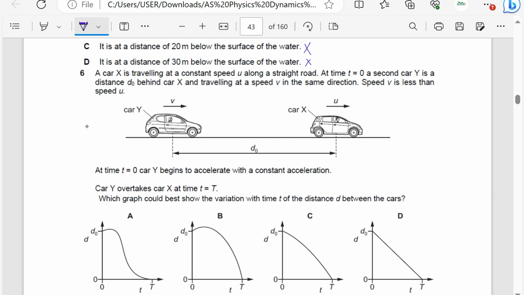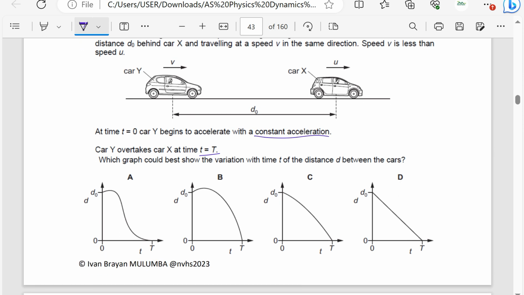At time t equals 0, car Y begins to accelerate with a constant acceleration. Car Y overtakes car X at time t equals T. So at t equals T, there is overtaking. Which graph best shows the variation with time t of the distance d between the cars?